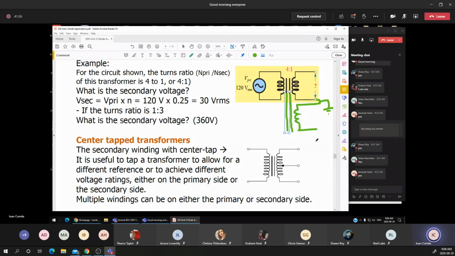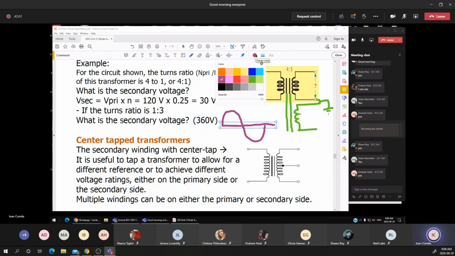I'll draw aside, in a different color, the AC waveform. That's the positive and that's the negative, and I'll use different colors for the first half.